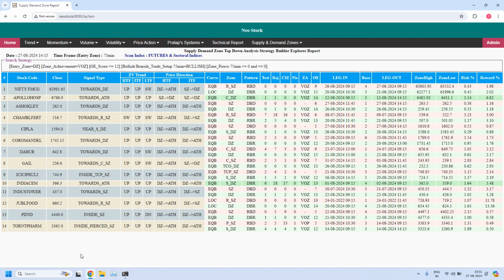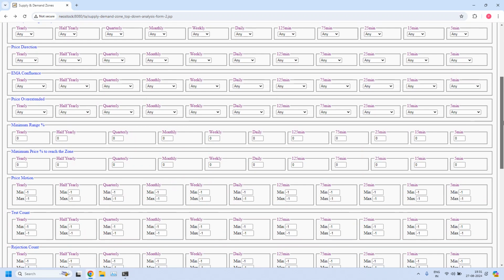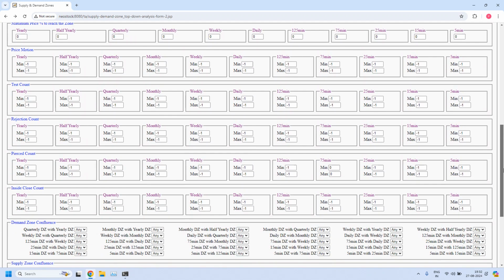Now let us verify how many of these stocks are having confluence with ITF time frame. So ITF is daily. That means 75 minutes demand zone with daily demand zone confluence we are looking for, that is LTF and ITF confluence.